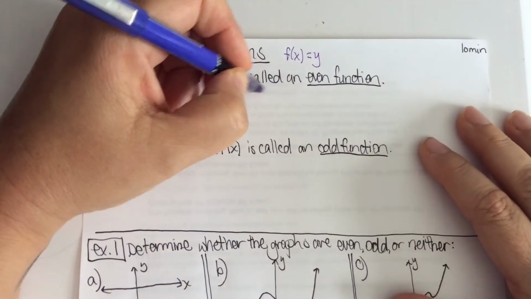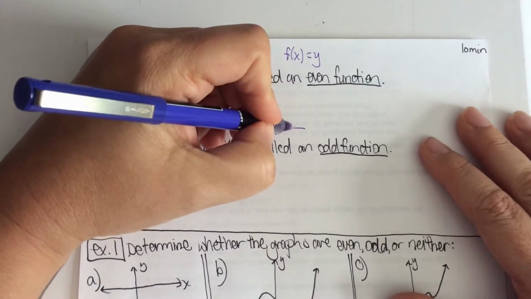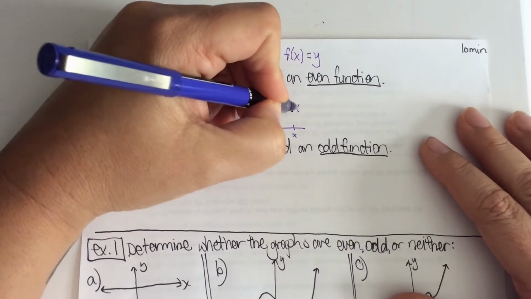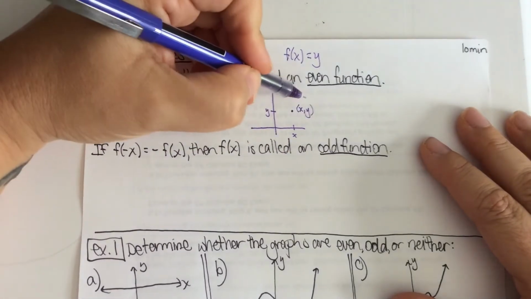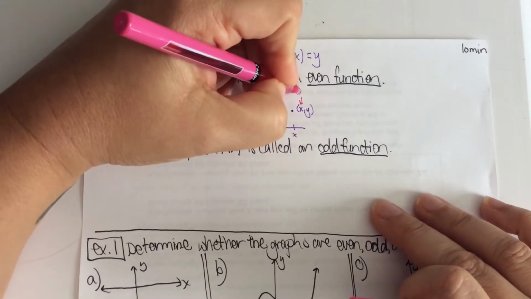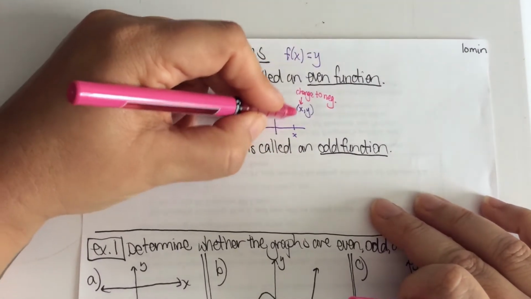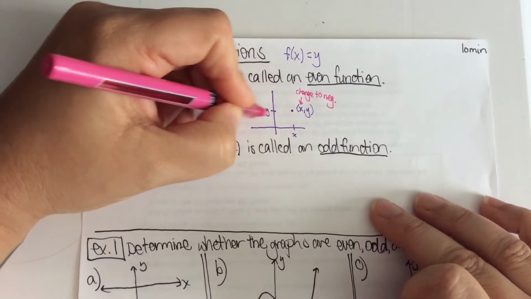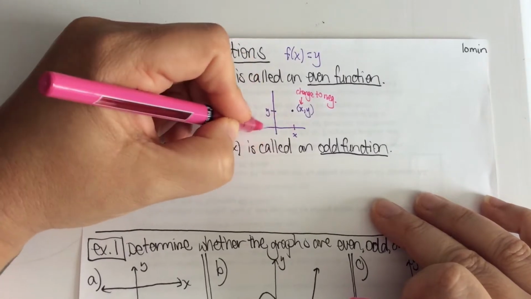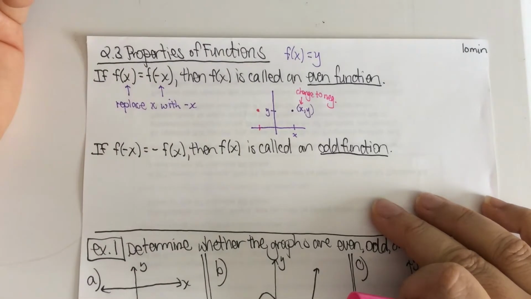So think about it this way. Let's say I have a point, and I'm going to call it just regular old (x, y), thinking of positive values. If I then change this x to a negative, the y is going to stay the same, so I'm still lined up with this y value. The x is going to be the same distance from the origin, just on the other side, so my point goes here, right?